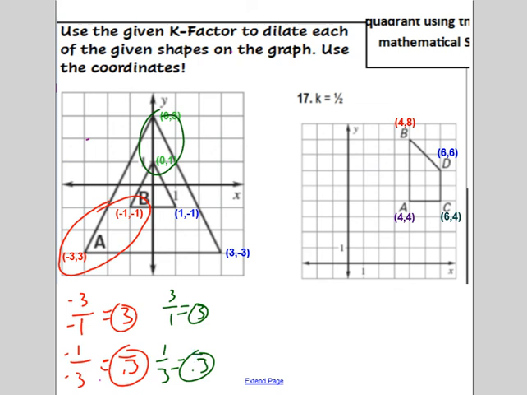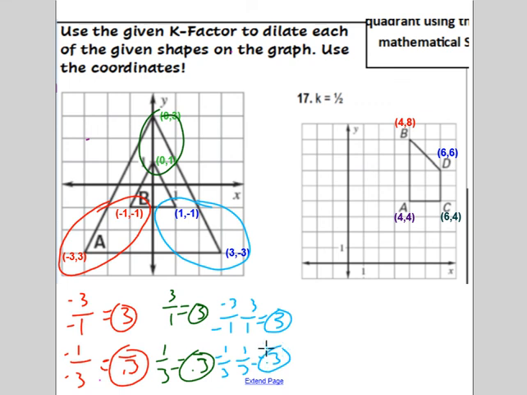And so if we connect them, a little off here, but you get the point. They all come back to a central point, again, 0, 0. Here we have a K factor of 0.5, which means we're just cutting all these values in half. Okay, and so we take 4, 8, and a half. That'll be 2, 4.